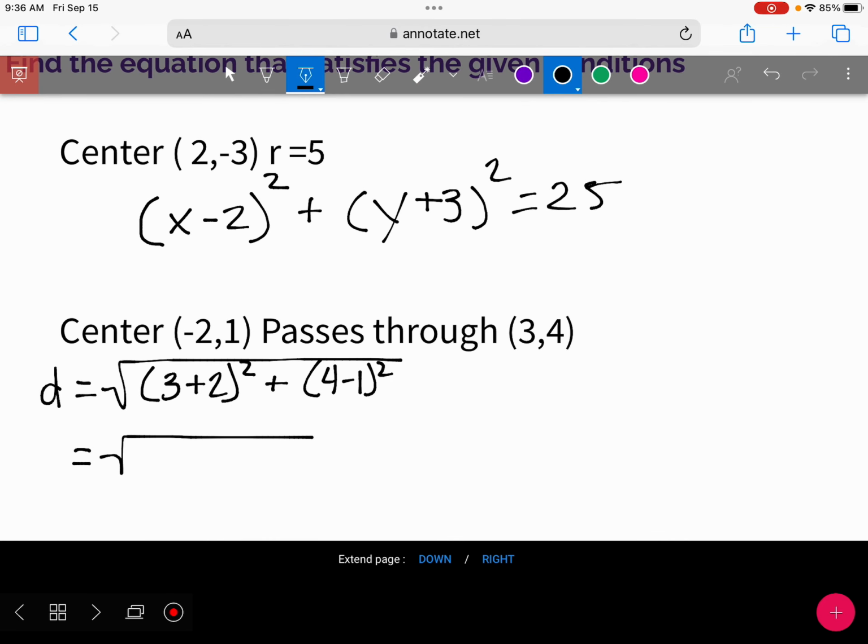Square root of 5 squared plus 3 squared. 25 plus 9.